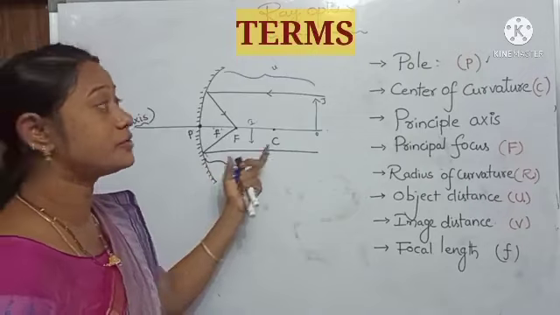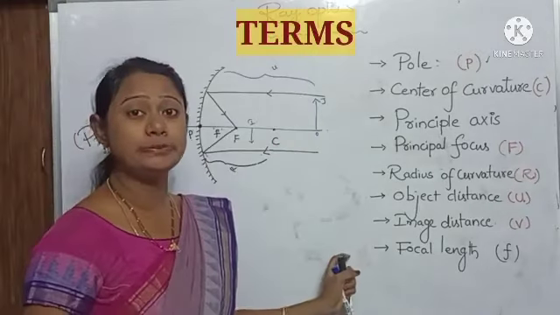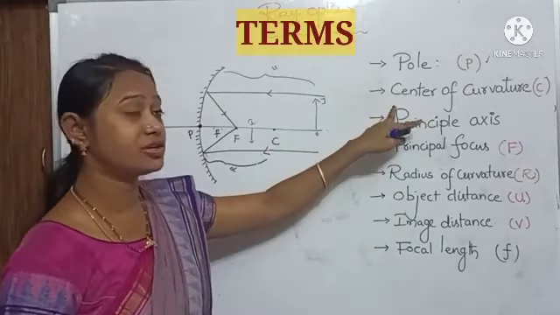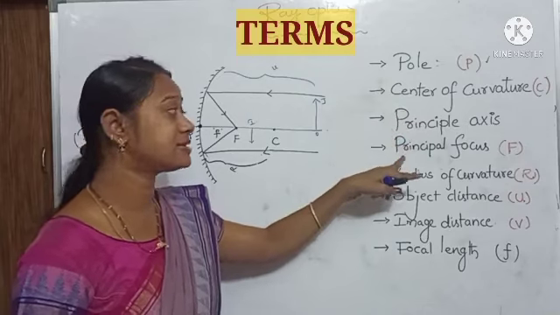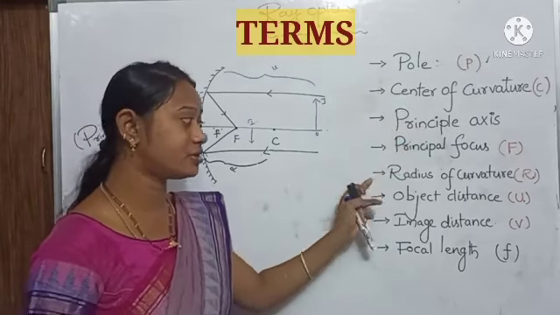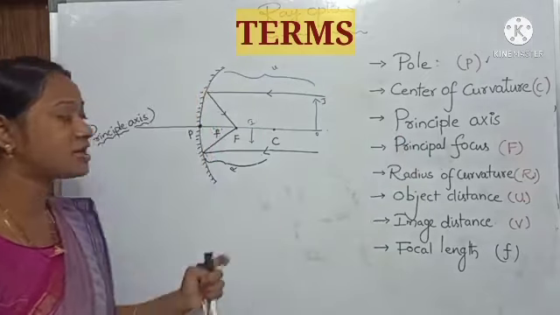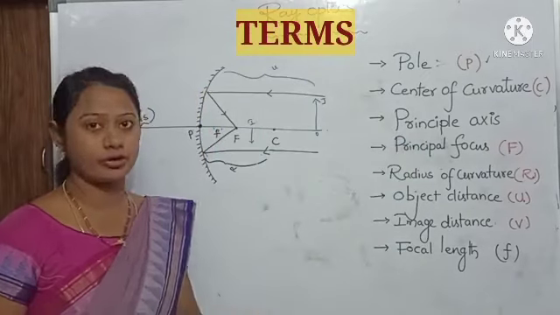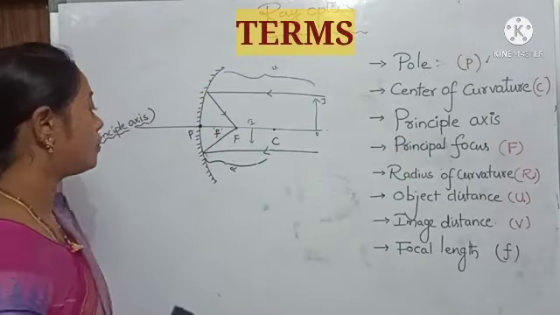These are the terms which we have to learn in spherical mirrors: pole, center of curvature, principal axis, principal focus, radius of curvature, object distance, image distance and focal point. What is the pole?